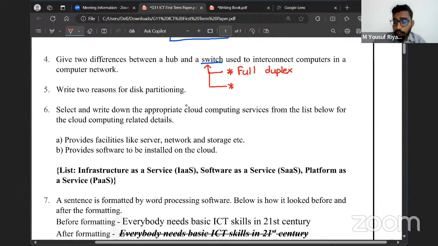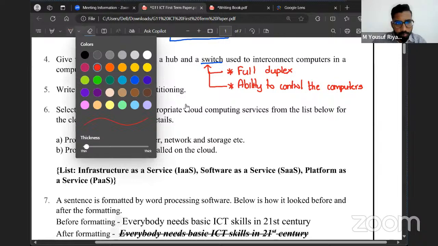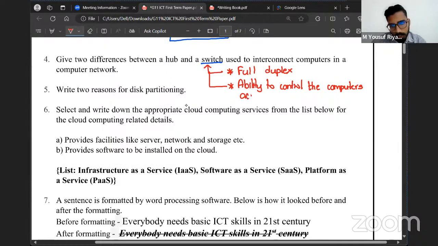Second property we have in switch is the ability to control the computers' access to the network.